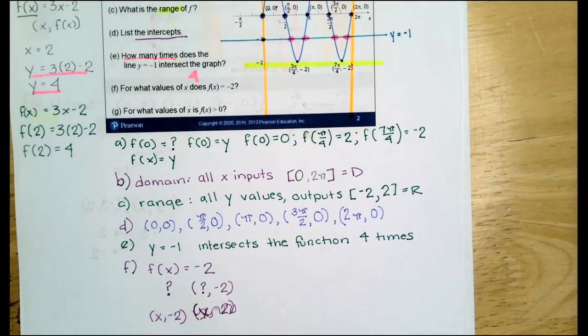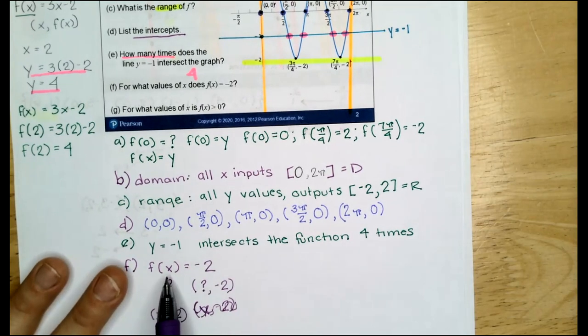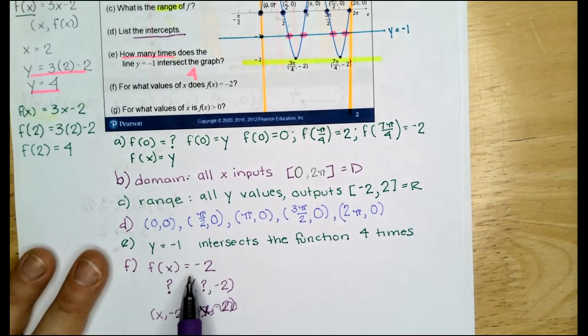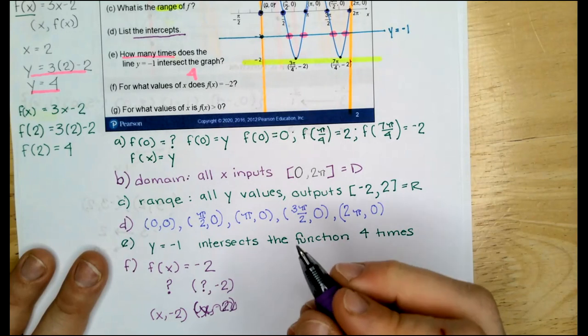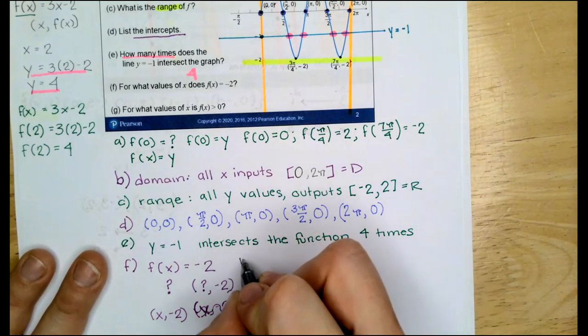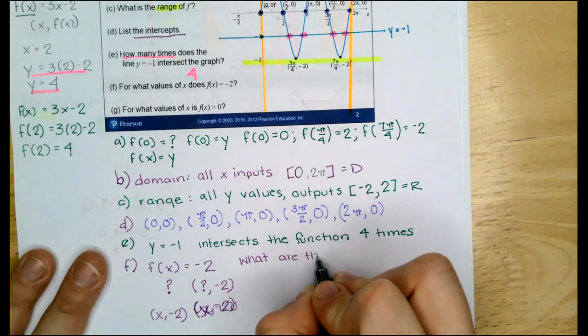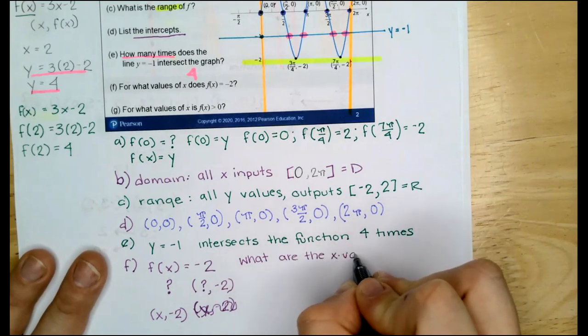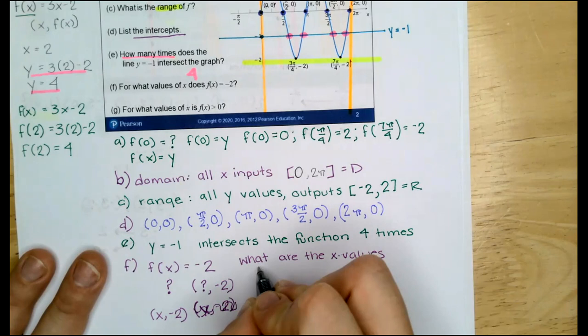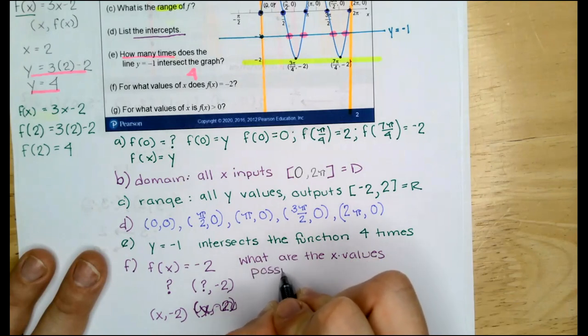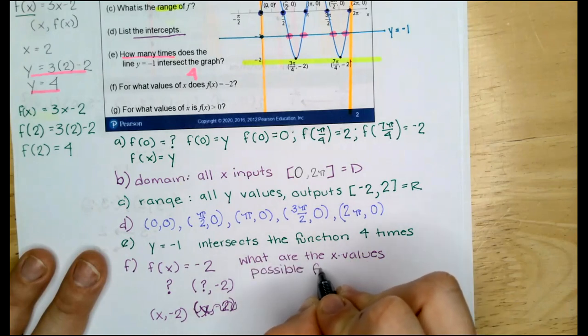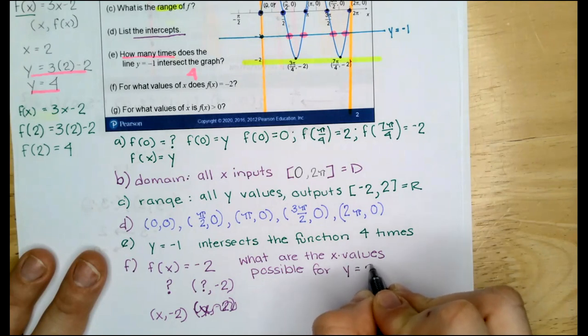And I know it takes time to get used to that, but just find all the x values where y equals negative 2. What are the x values possible for y equals 2?